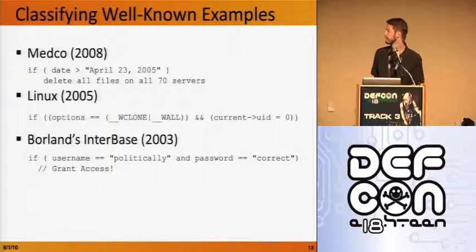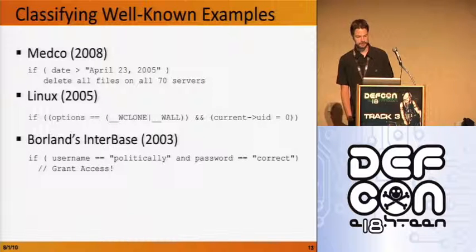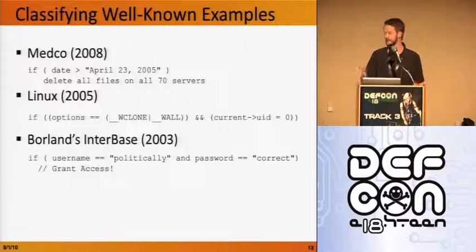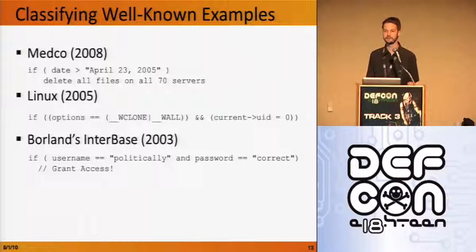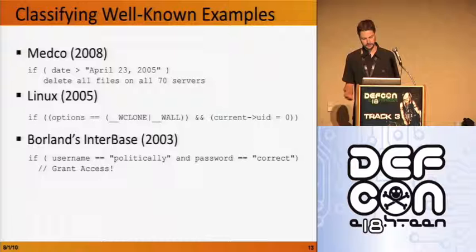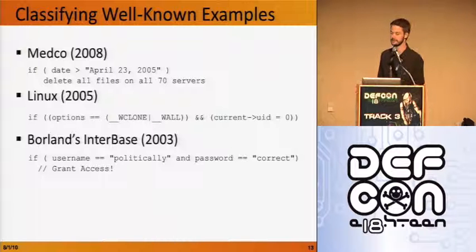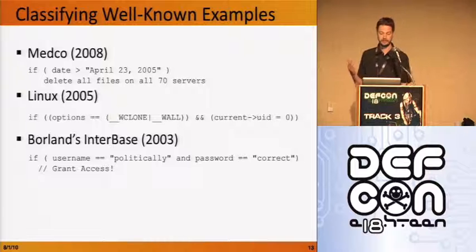So I have 3 examples up here. First of all, it's the Medco case. After a particular date and time, it will delete all the files on 70 servers. So first of all, we can classify this as a very destructive insider threat. Another way to classify this is that it's of high risk to the company itself, for the business. If this piece of code is executed, it will delete 70 servers, which means downtime, which means no business.